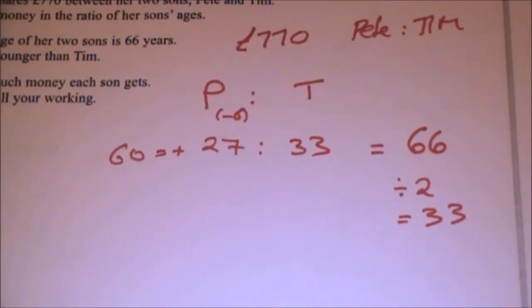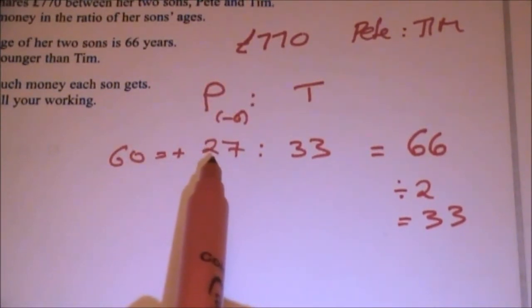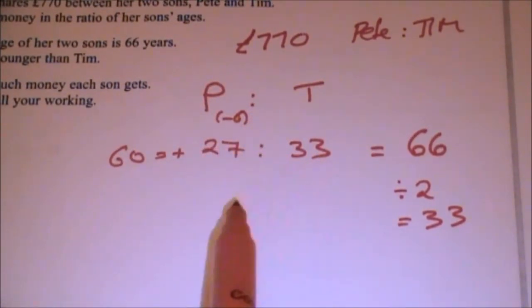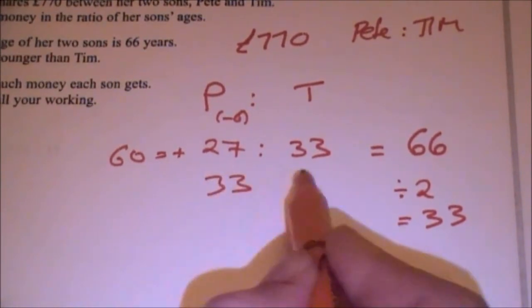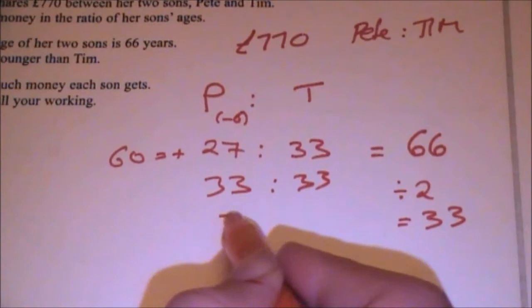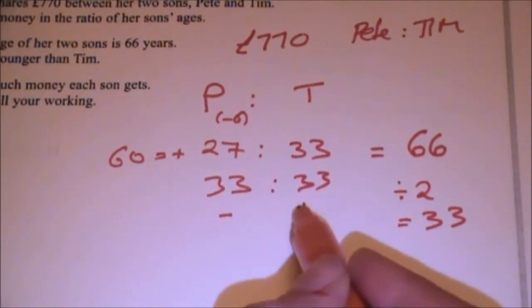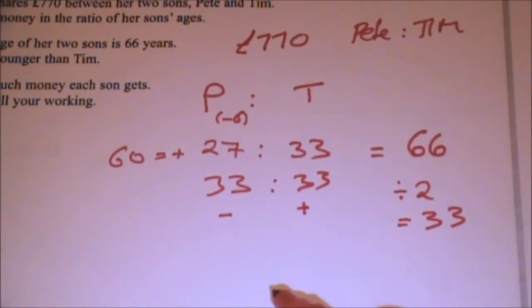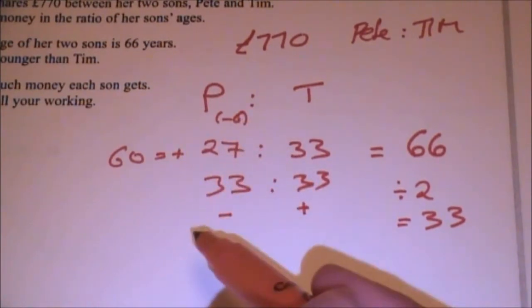So that's not good enough. So in order to be clever about this, you need to think they can't both be 33. But if I take some away from Pete, they're going to get added on to Tim. So I don't need to take 6 off Pete.